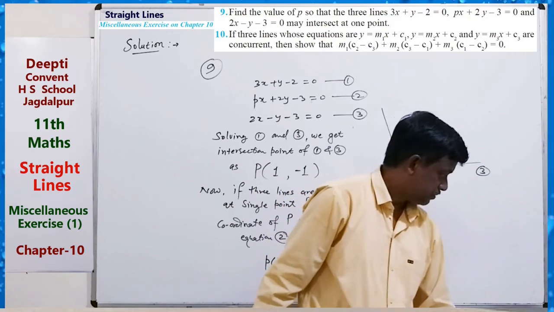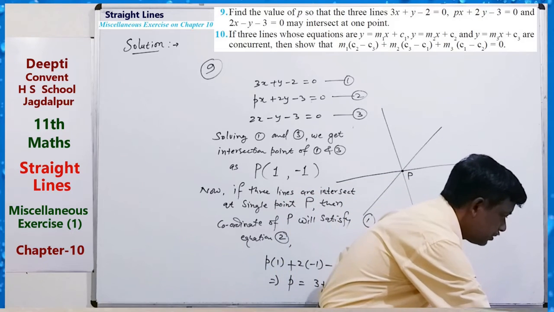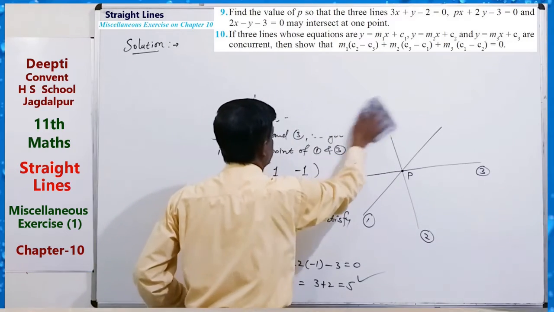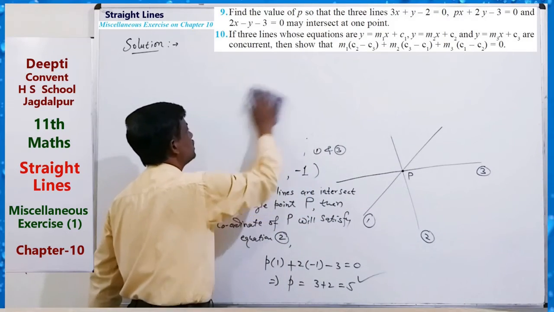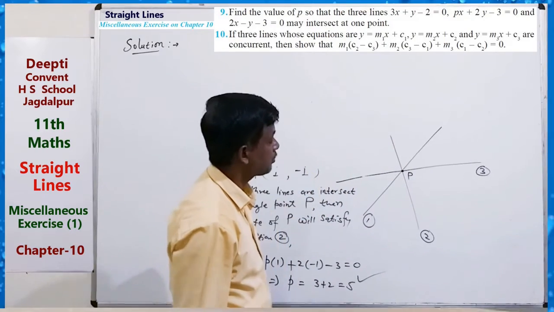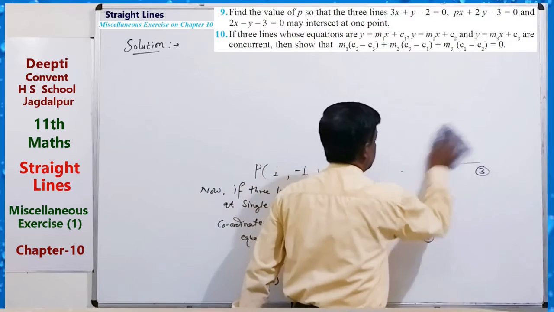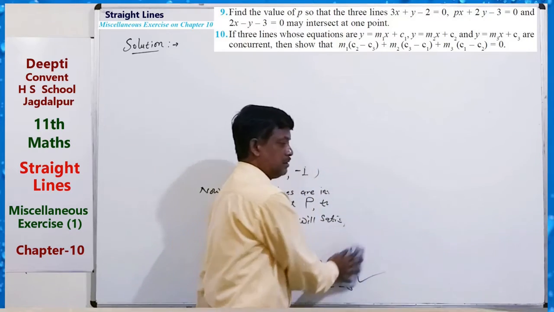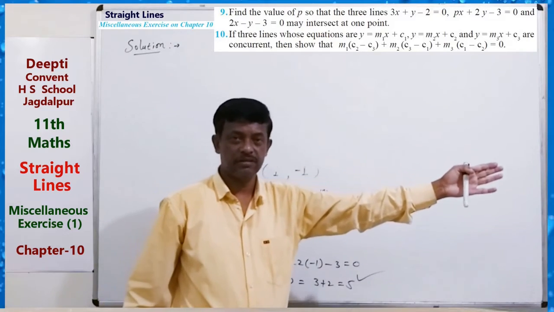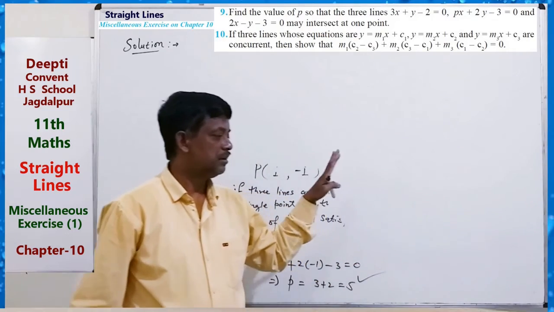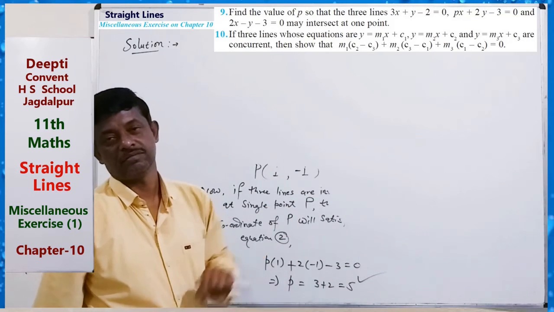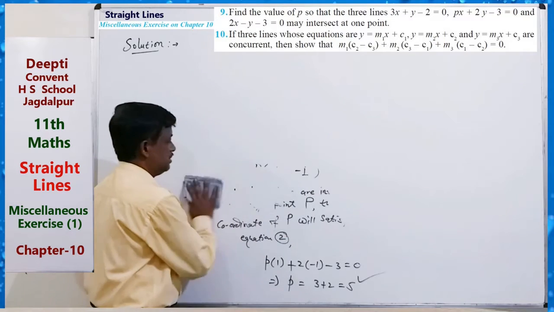Now question 10. Here also the general type of question is given. Three lines of equation are given, and if they are concurrent, then we have to show some identity.